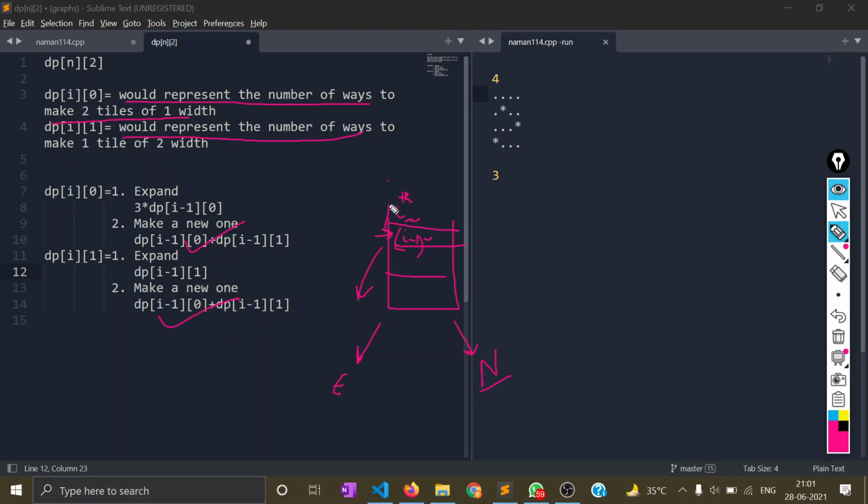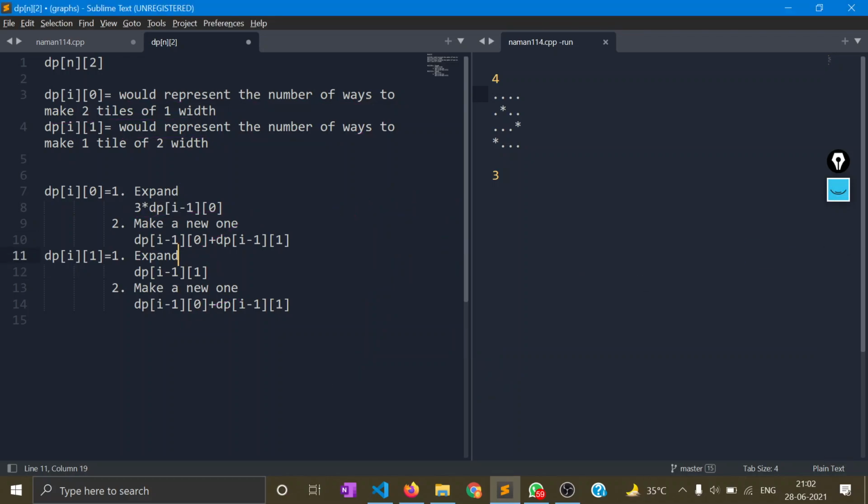If we want to expand a two cross one tile, a tile of width two, then we have to have a two width tile on the i minus one step. But if we wish to expand the one cross one tiles, then we can have three different cases, due to which we have 3 into dp[i minus 1][0]. So I hope it is clear.